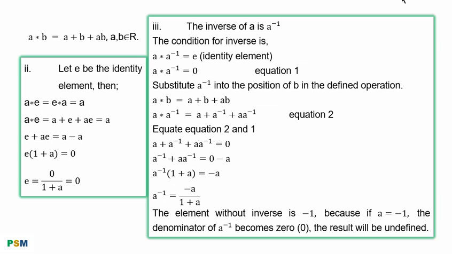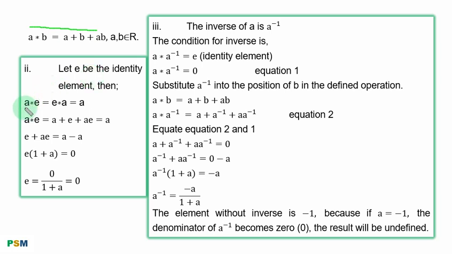Roman figure 2 of the problem, we have to find the identity element. Remember, this is the given operation. In the question, we were told that there is a general element A, which is a member of set R. So let E be the identity element.